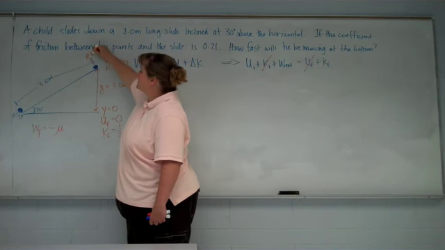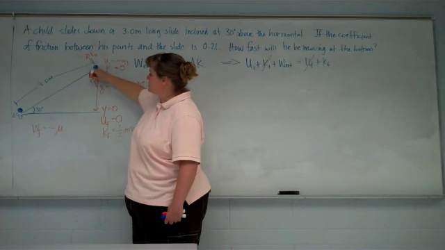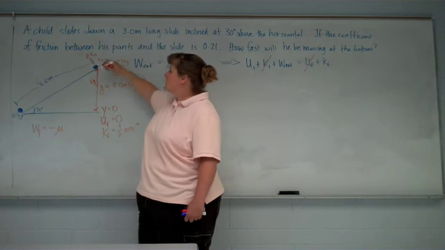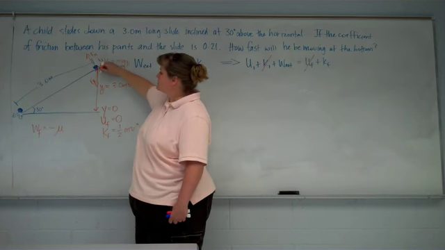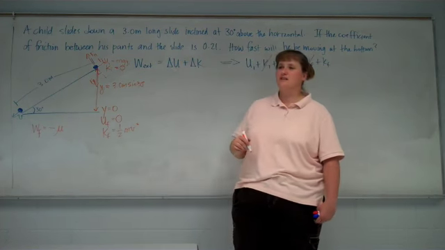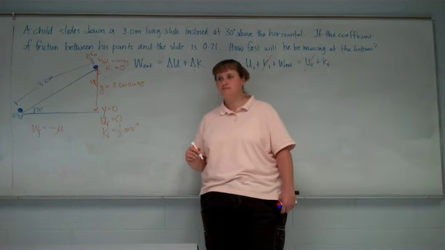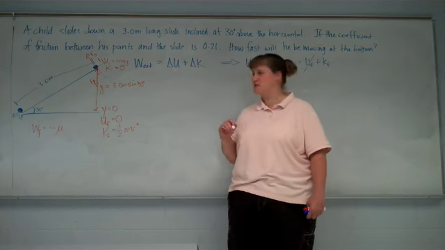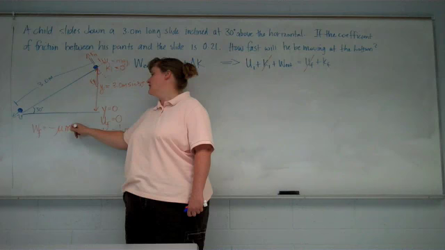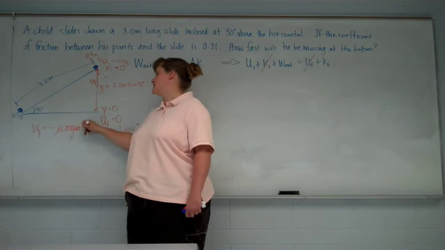Normal force, perpendicular to the incline, force of gravity, straight down, friction up the incline. So the normal force in this case will be equal to that component of gravity that's perpendicular to the incline. There's no other forces perpendicular to the incline. So the normal force has to equal mg cosine of 30 degrees.